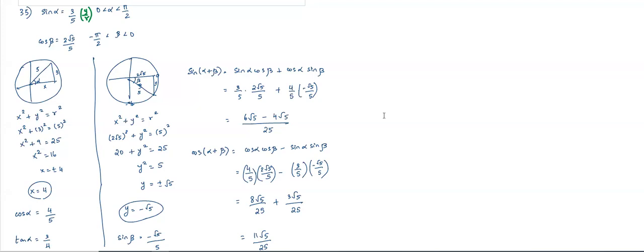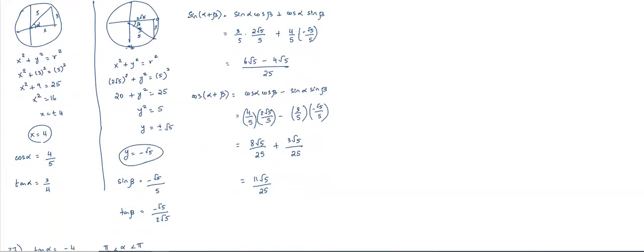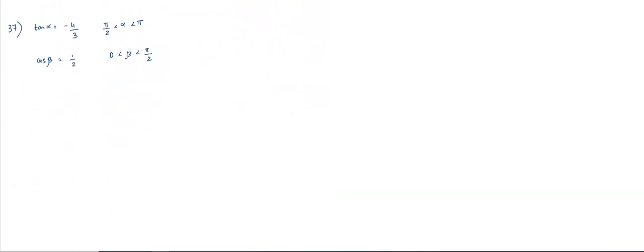So question number 37 was tan A is negative 4 thirds. So this is what I have.